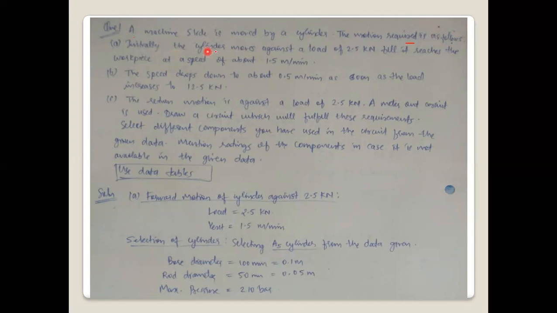Initially the cylinder moves against a load of 2.5 kilonewton until it reaches the workpiece at a speed of about 1.5 meter per minute. So this is the force, and this is the velocity.